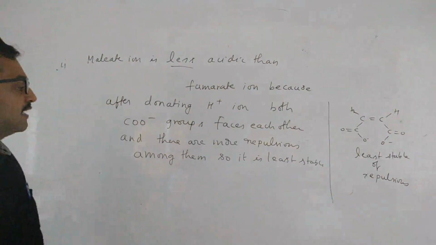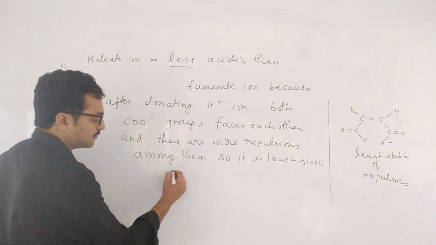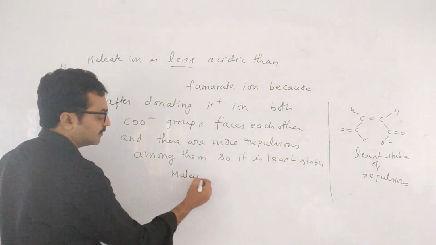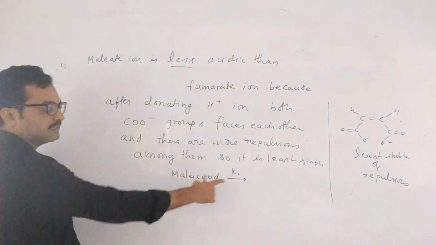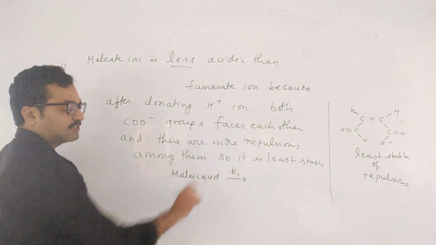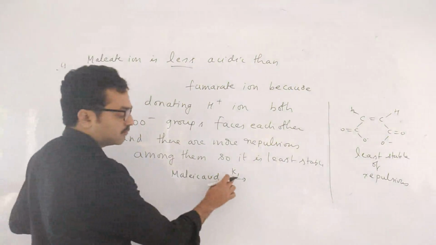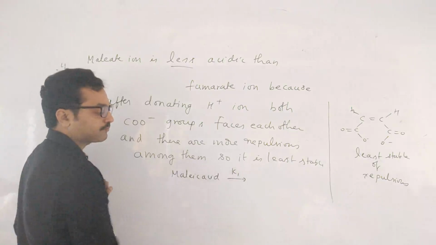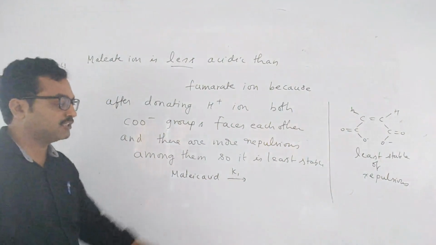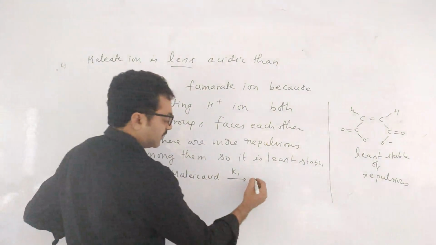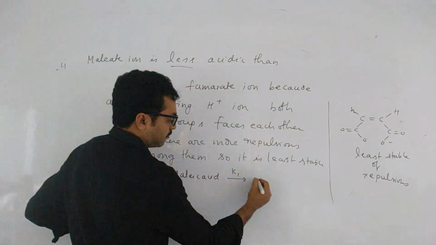So sometimes they will ask K1, K2 like this. Suppose this is malic acid. K1 is called what? Acid dissociation constant, Ka. It will give a compound 1.